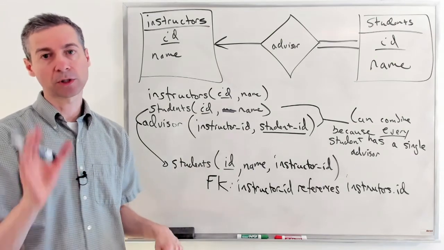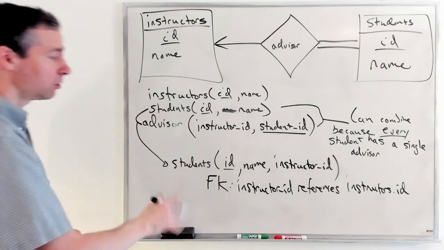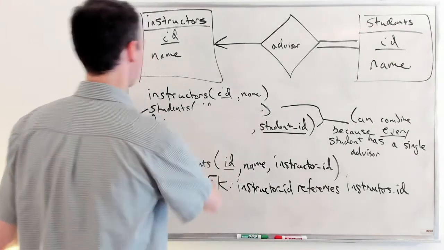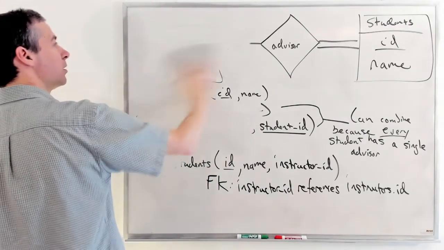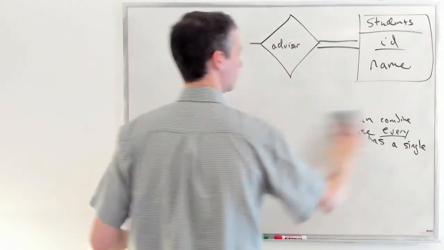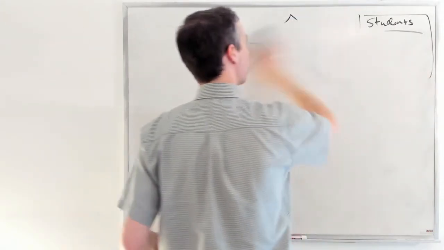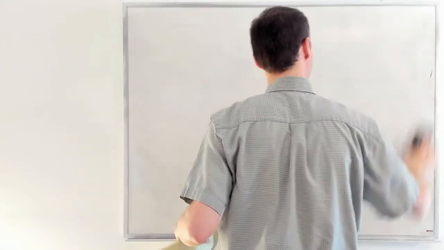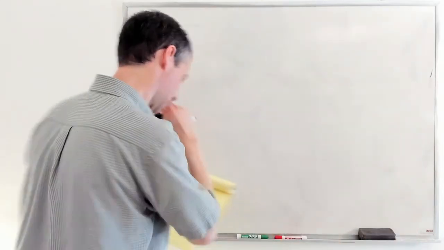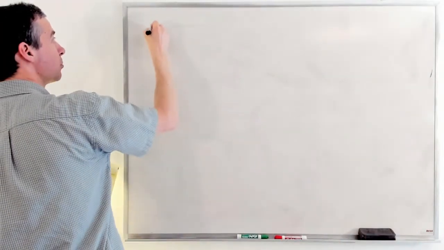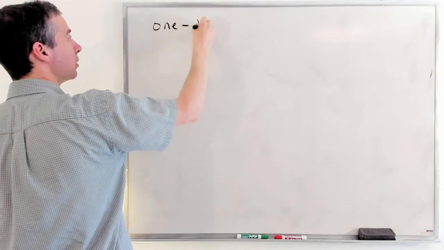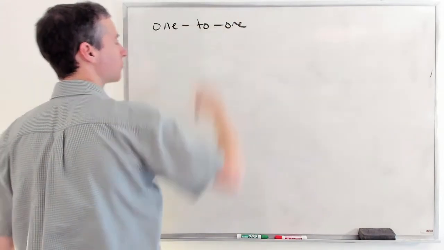Now, the book goes on and says, not only can we combine schemas for a one-to-many or a many-to-one, we can also handle situations where we have, for example, a one-to-one.